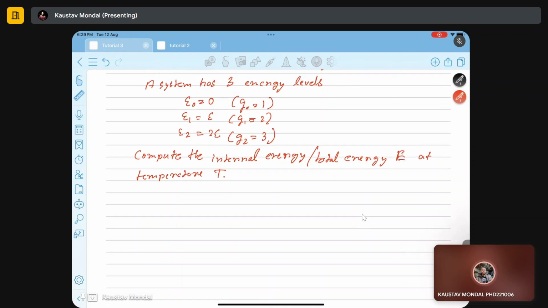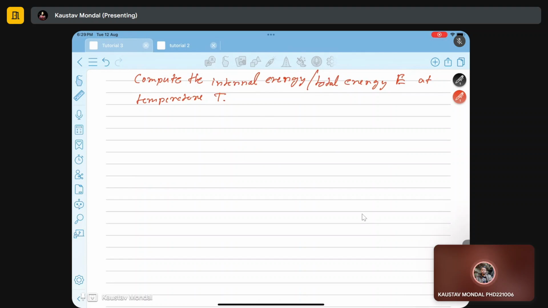Okay. So now our system is slightly modified with the addition of the degeneracy associated with each energy level. For this type of system the method is similar. First we will calculate the partition function.